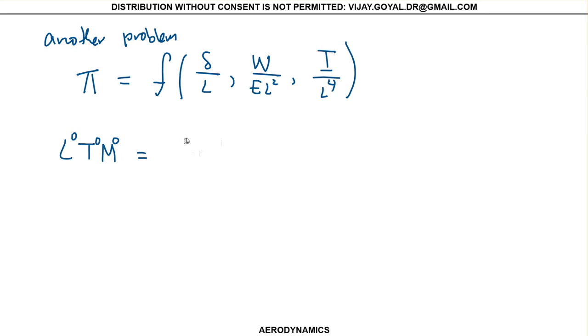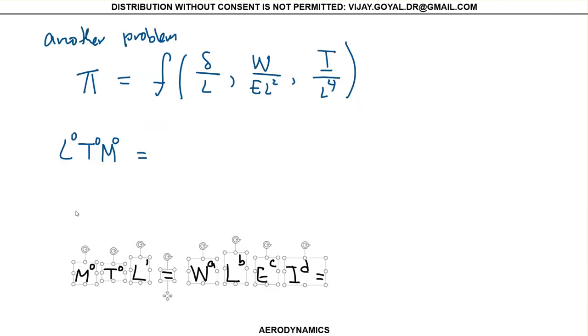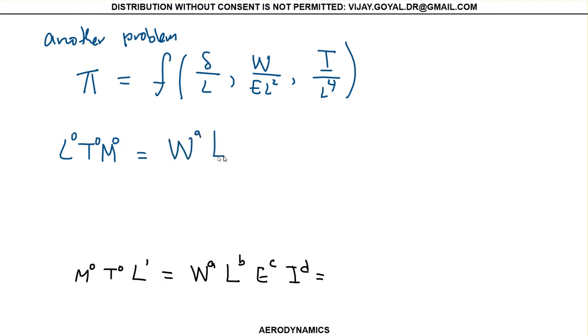And then on this side, I can just say, let's use the same approach that we used before. So we had W^A, L^B, E^C, I^D, and now we have a delta^E.